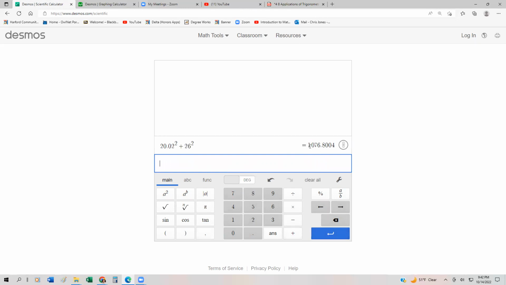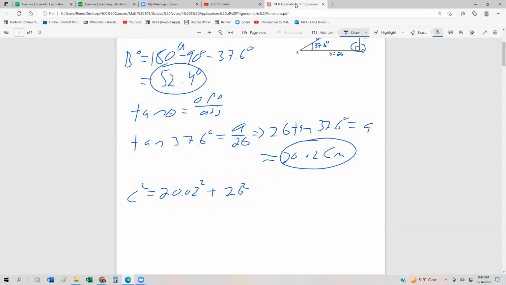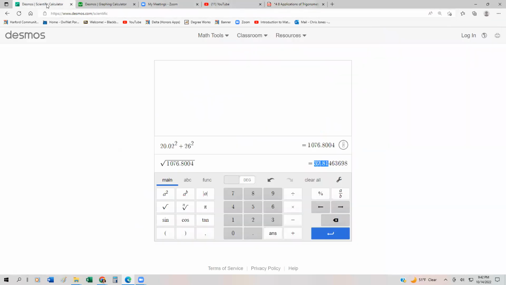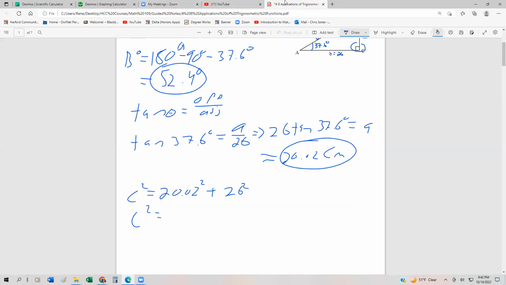So that's 1076.804. And then let's just take the square root of that number. That gives us 32.81. So that's going to be our C. C squared is going to be 1076.80.